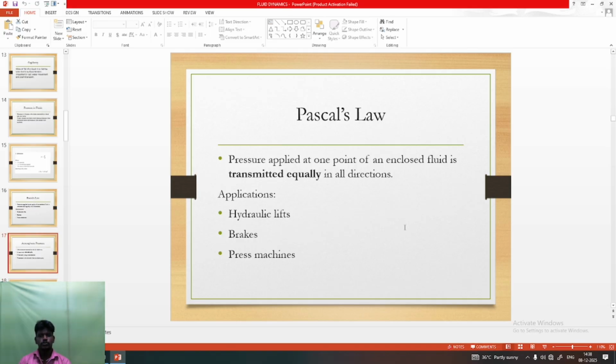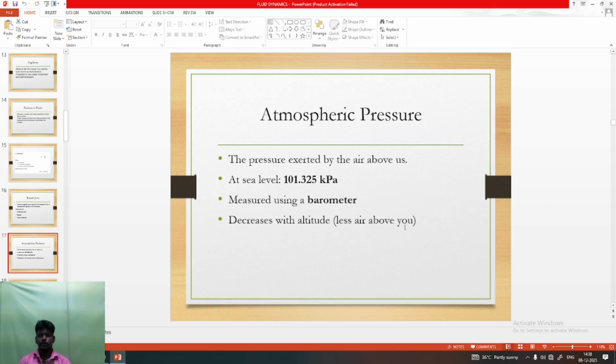Okay. Next we move to atmospheric pressure. What is atmospheric pressure? It is the pressure exerted by the air above us, the pressure we have at sea level. We know some cases: atmospheric pressure, absolute pressure, gauge pressure.